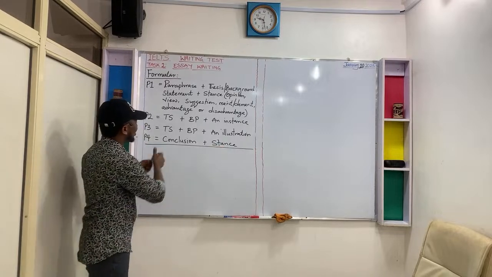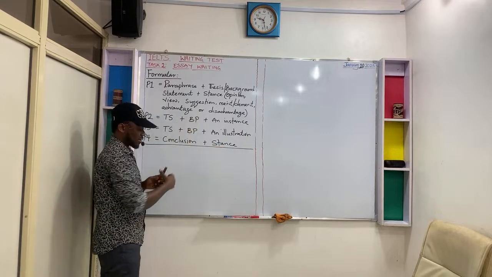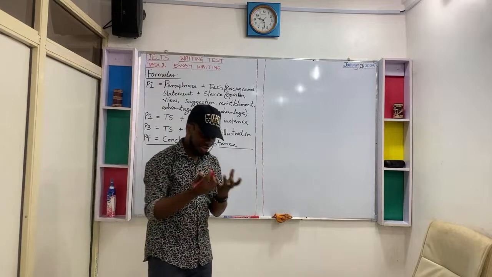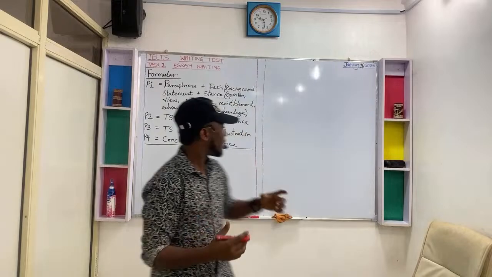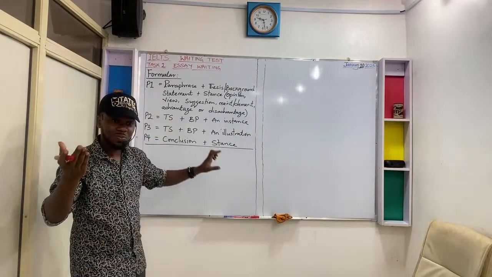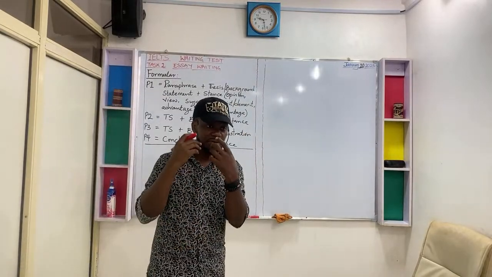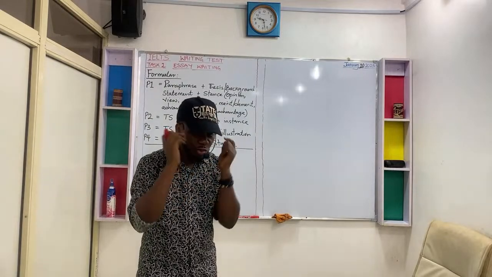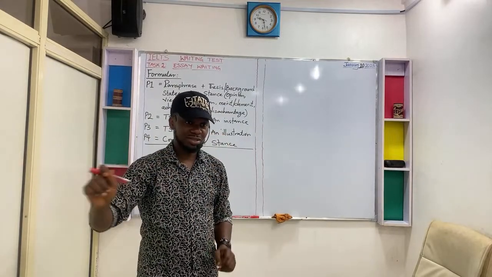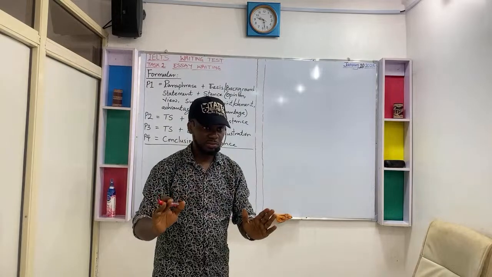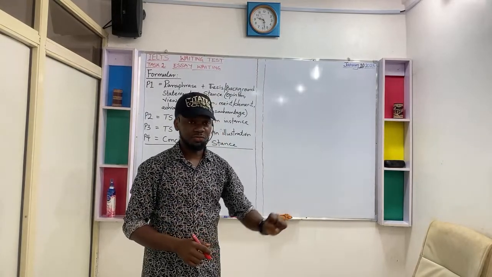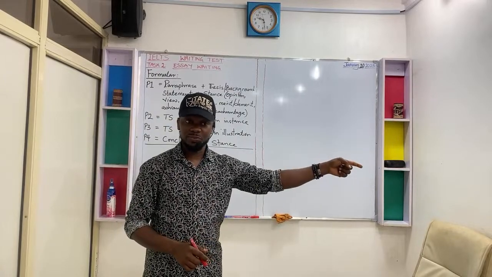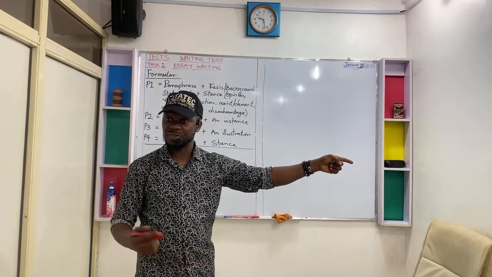Now, the BP, which is the body paragraph, is you expatiating, you giving more detail about that point that you thought out. Because for you to have thought out a point, you know what you want to say about it. That's the way the brain is wired. You won't just say, let me take jollof rice. You know why you're going for jollof rice. Perhaps it is your favorite food.